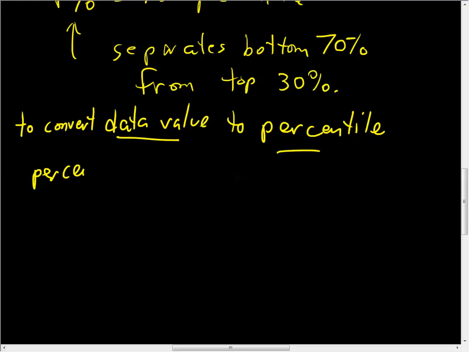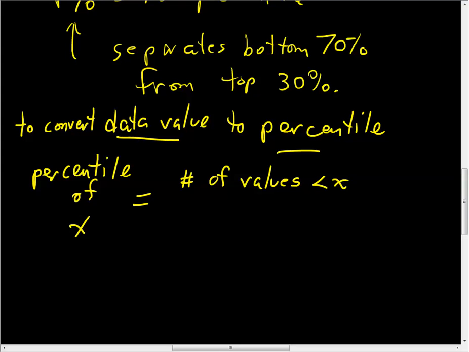It's according to this very simple formula. The percentile of a given data value x equals the number of data values less than x divided by the total number of values, or very simply the sample size, times 100.